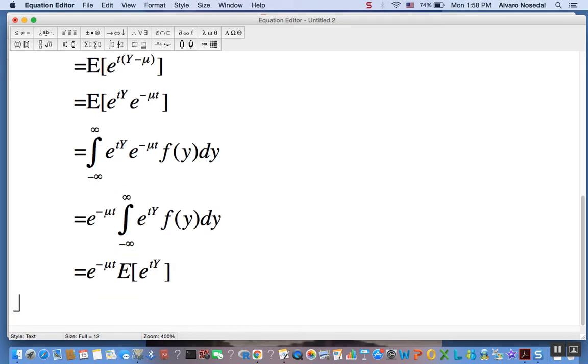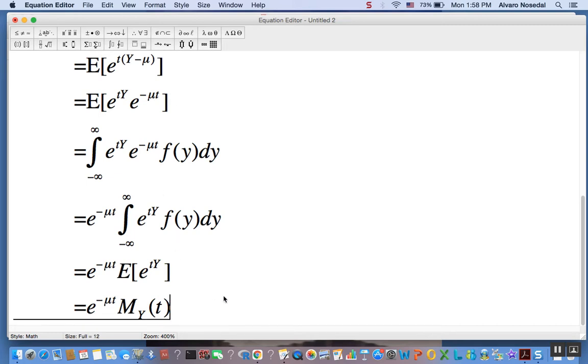But that is just, by definition, the MGF of y. You guys agree? So let me write that down. This is just the MGF, and that's just by definition, right?